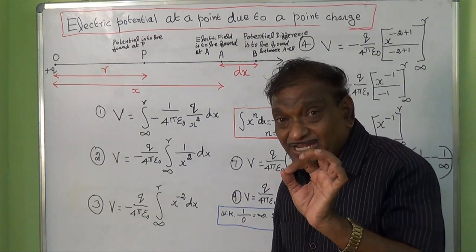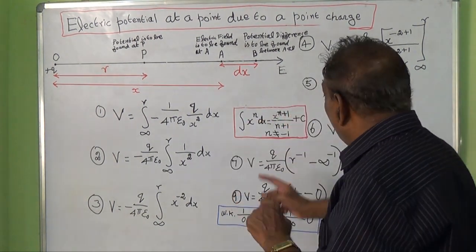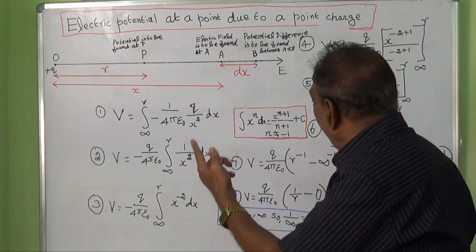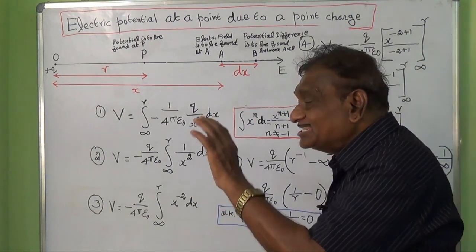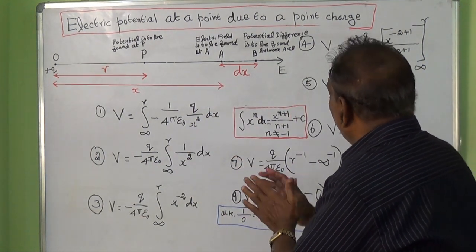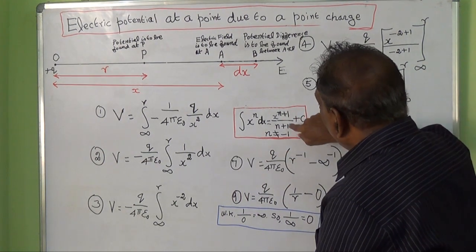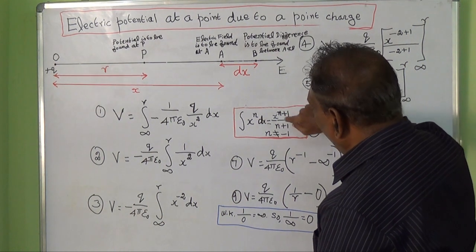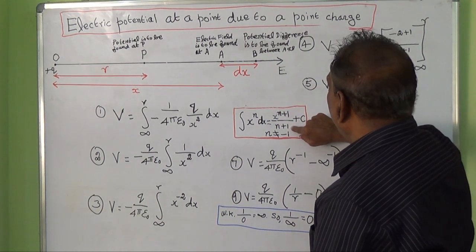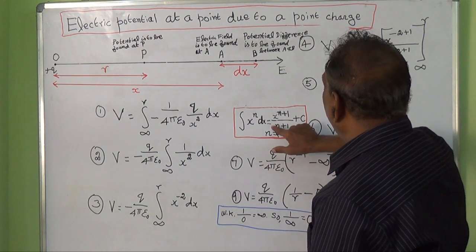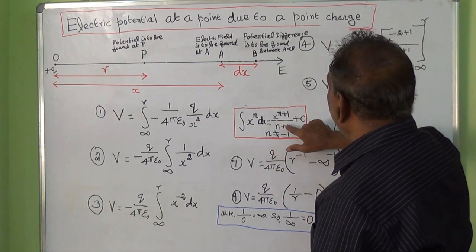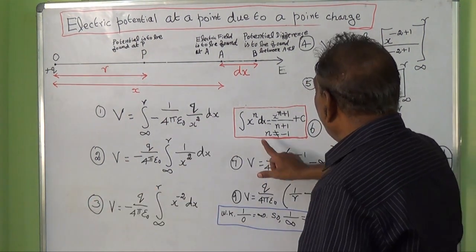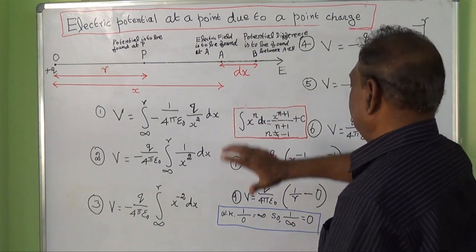It means that the number 1 should be added with the power n, and after adding number 1 with the power, the result obtained is to be placed in the denominator also. Here also n plus 1 in the power, in the denominator also n plus 1. n not equal to minus 1. If n becomes minus 1, minus 1 plus 1 will become 0. Any data divided by 0 will become infinity, so that n not equal to minus 1.